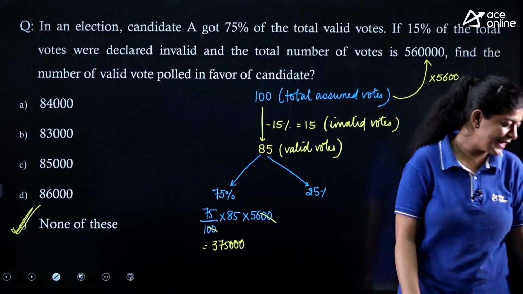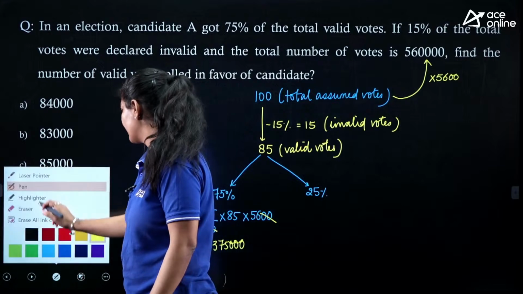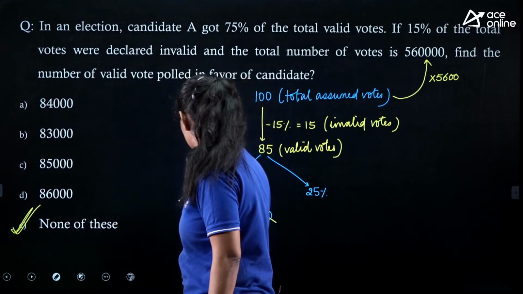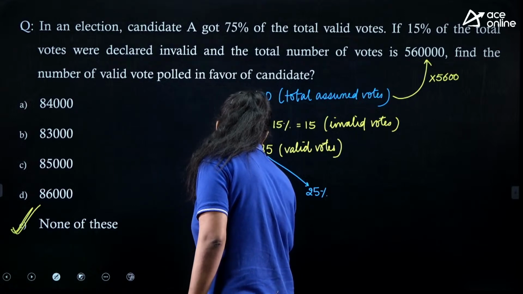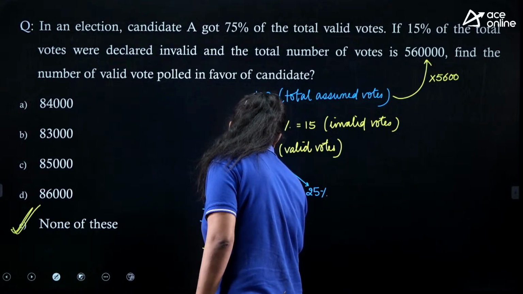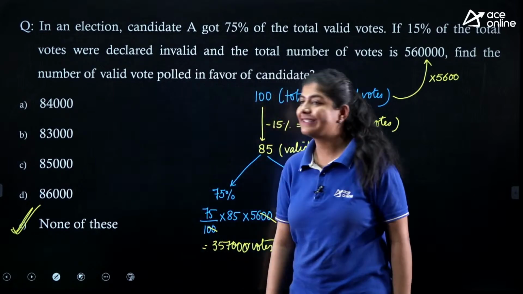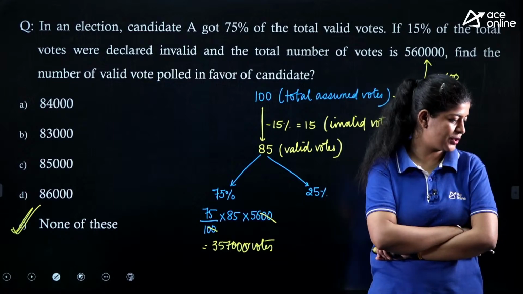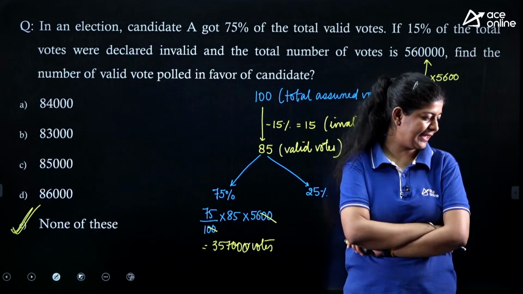Sorry, we got not 75, we got 57: 3,57,000. Three lakh 57,000 votes. Option number E is the correct one. Right? Next.